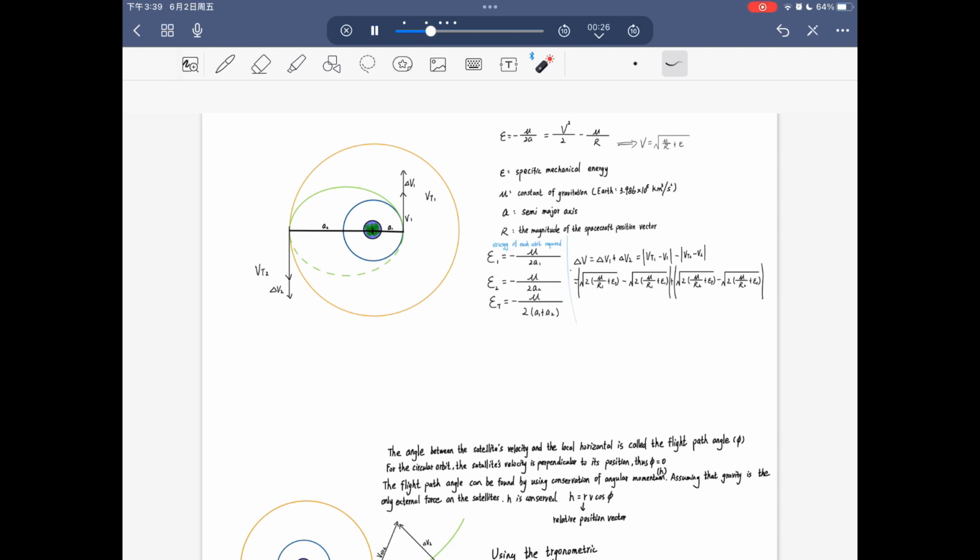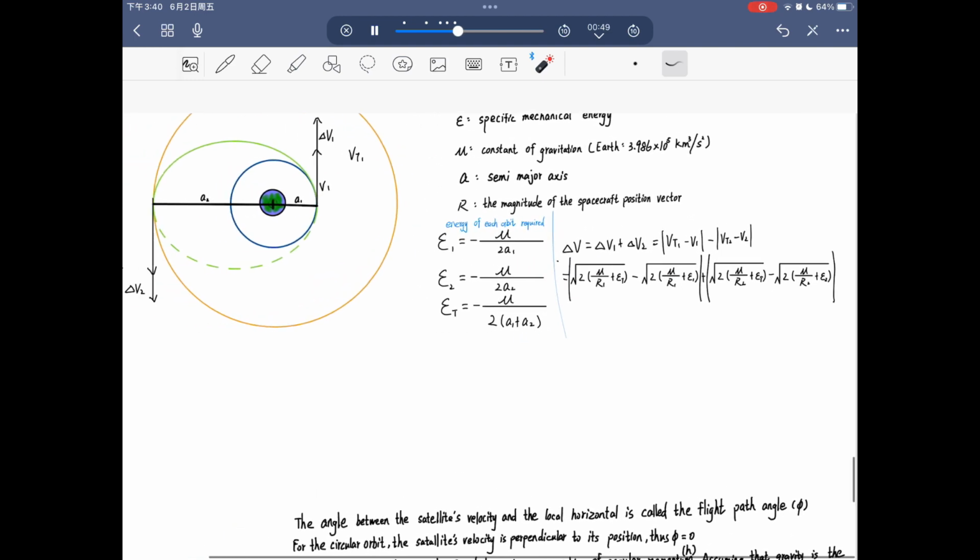We can get an equation of the velocity: v equals the square root of 2 times the quantity mu over r plus the specific mechanical energy. So we can get the velocity in each period of the orbit. So the total change in velocity is the sum of the two differences in velocity.